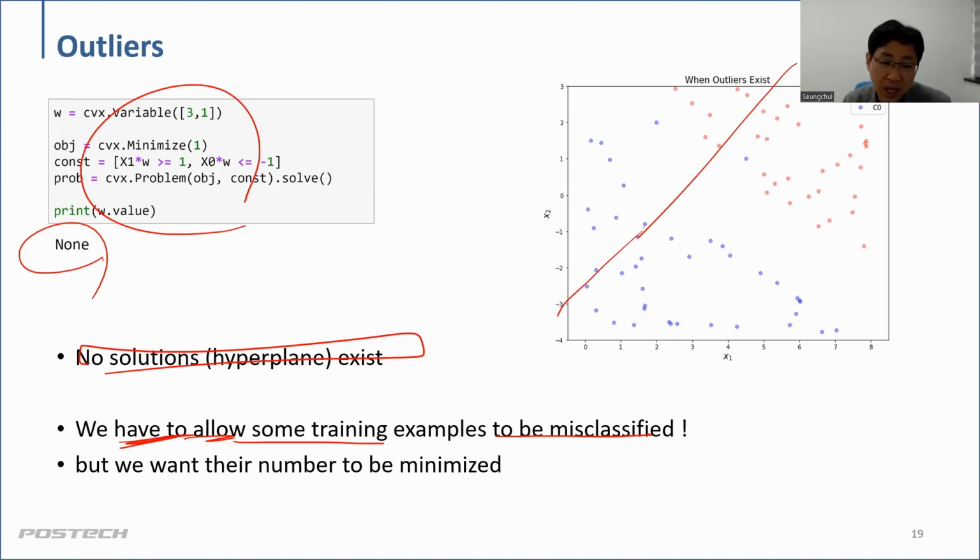At the same time, we want the number of misclassified points to be minimized. That's the key. We want to allow some of the data points to be misclassified, but we want to minimize that.